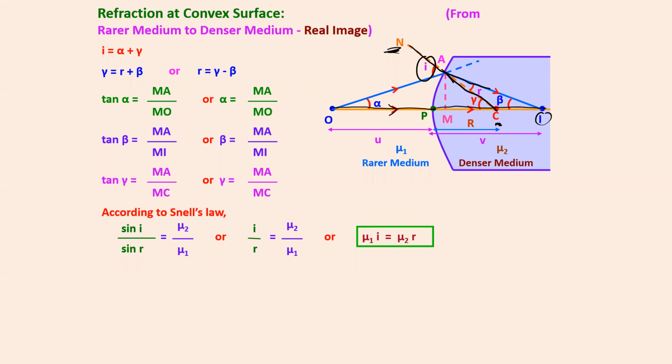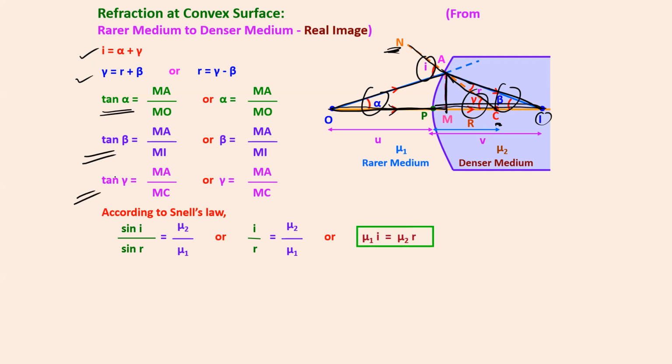Consider that alpha, beta, and gamma are the angles for object O, then image I, and center of curvature. From the exterior angle formula, we got this relation. Always in each and every case, we are going to make i and r the subject. For tan alpha, I can write opposite side by adjacent side; for tan beta also, and for tan gamma also.